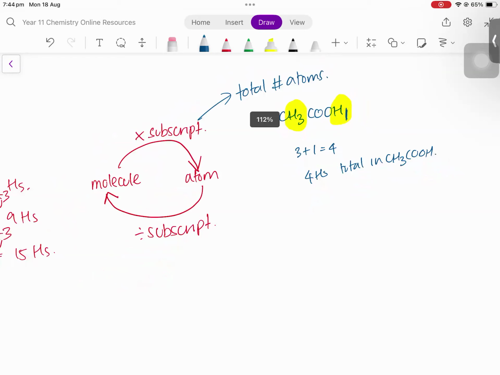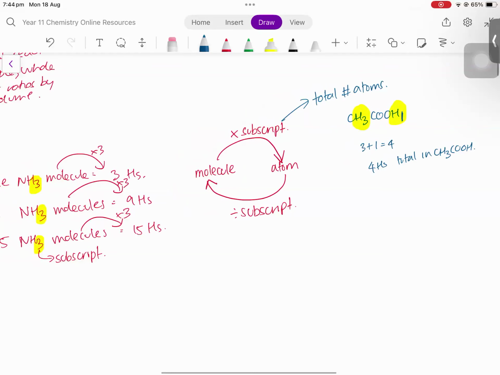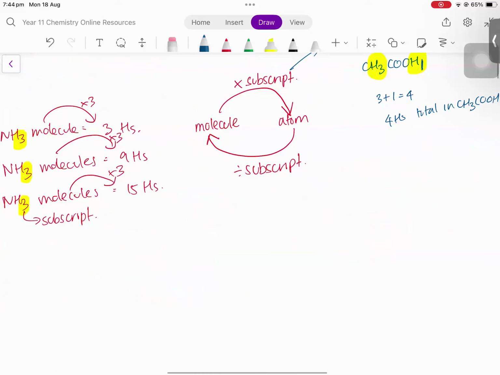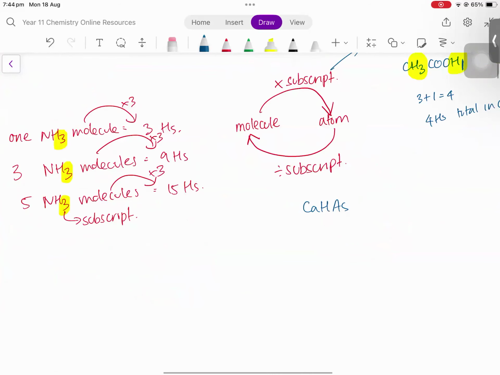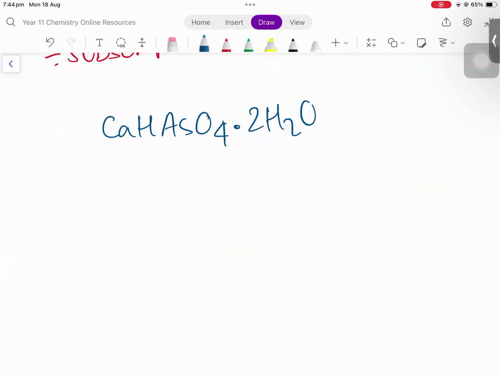Okay, so this is your general takeaway. We'll apply it to this question now. The formula is CaHAsO4.2H2O. All right. Guys, there's a H here.